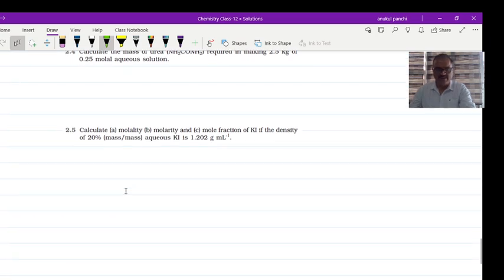In the last numerical, calculate the molarity, molality and mole fraction, all three things, of potassium iodide, KI, if the density of the 20% mass by mass aqueous solution is 1.202.